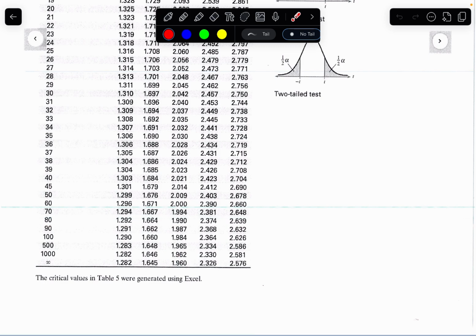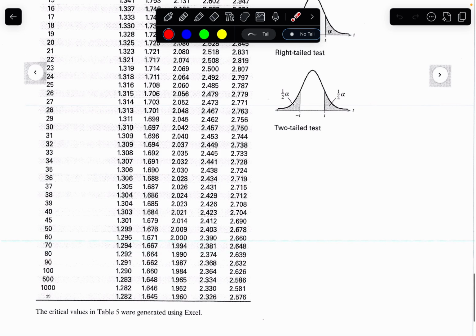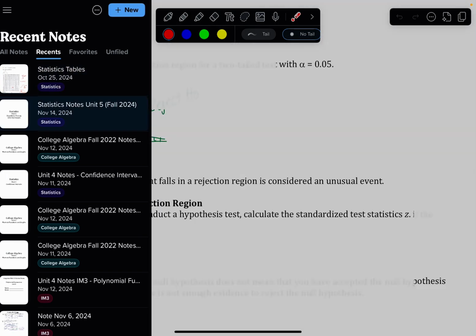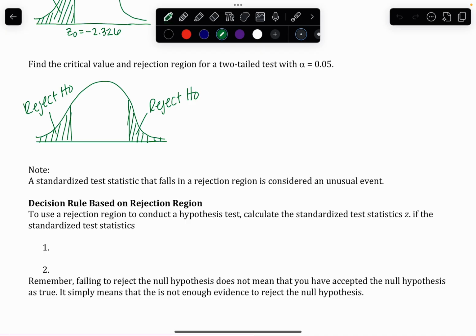and our critical value is 1.96. If I look at this little image in the table, it shows us that we have a negative and a positive value, and so that's going to follow the same. Jumping back to the notes, our critical values, z sub 0, are going to equal negative 1.96 and positive 1.96.